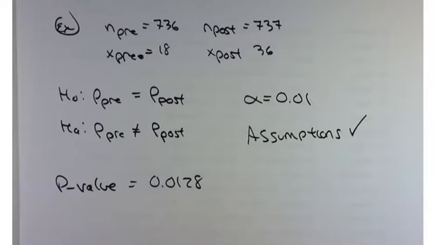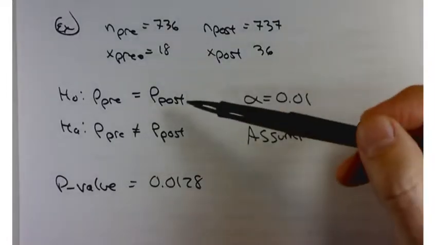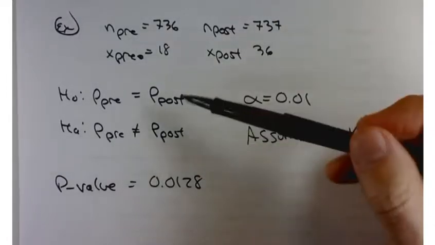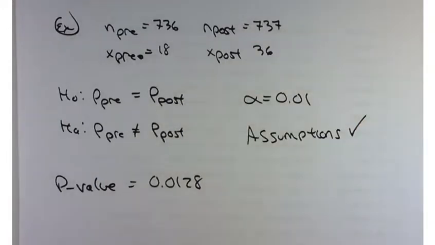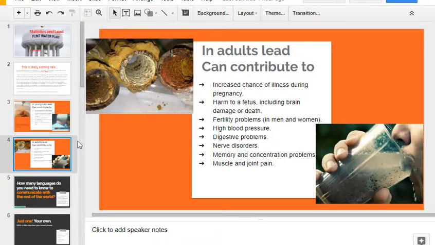Now, this is a case where the consequences of a type 1 error are really high. If you're saying, gee, we failed to reject at the 1% level, you're saying that, oh, the water's fine, drink it. I mean, really? It just boggles my mind.